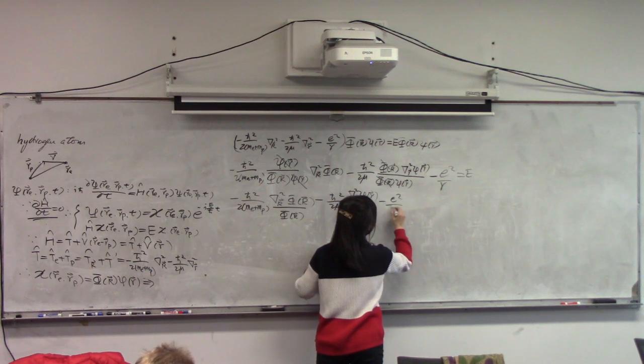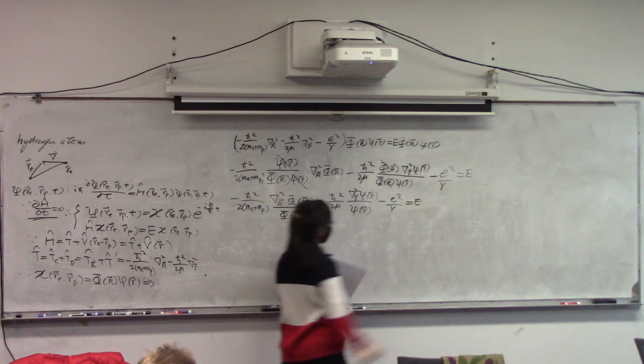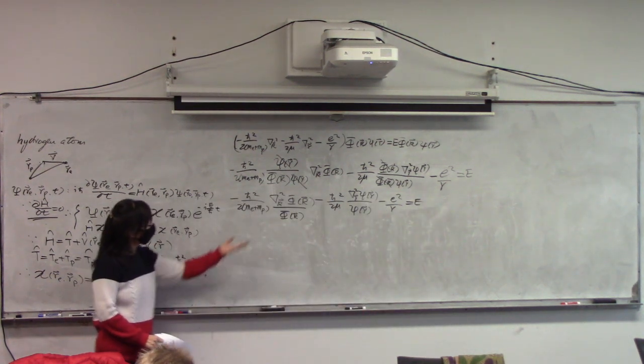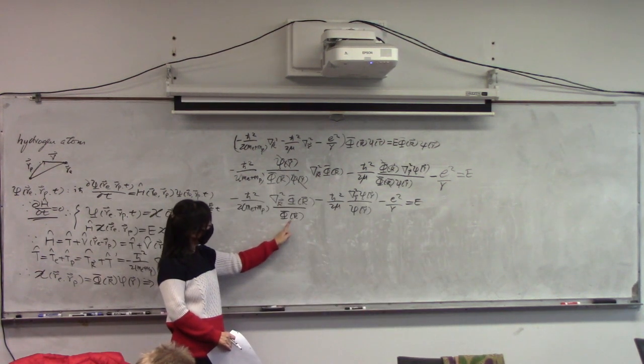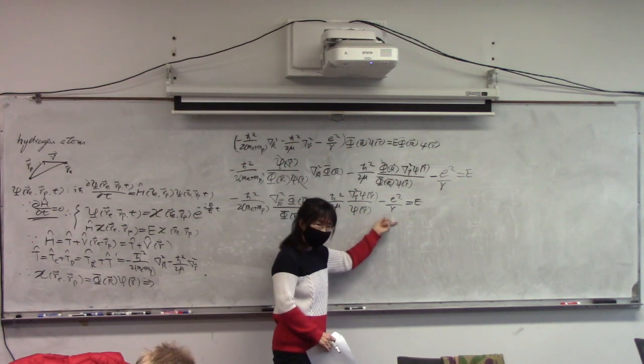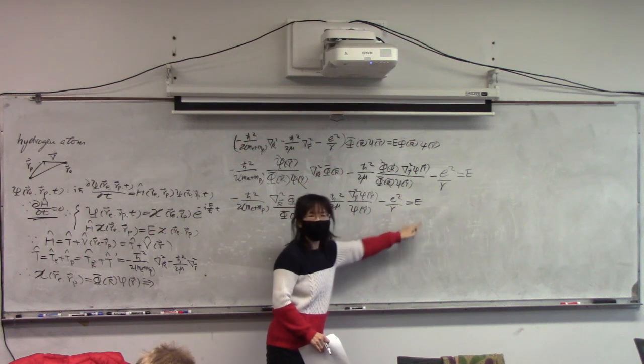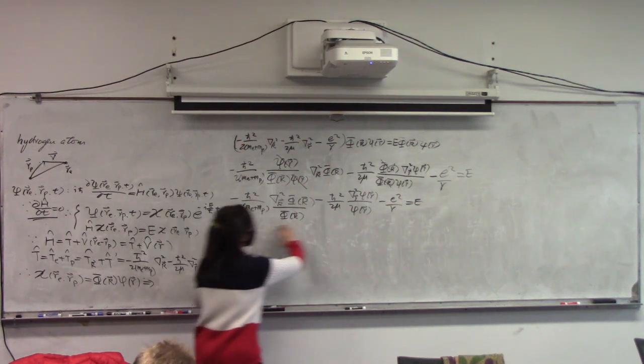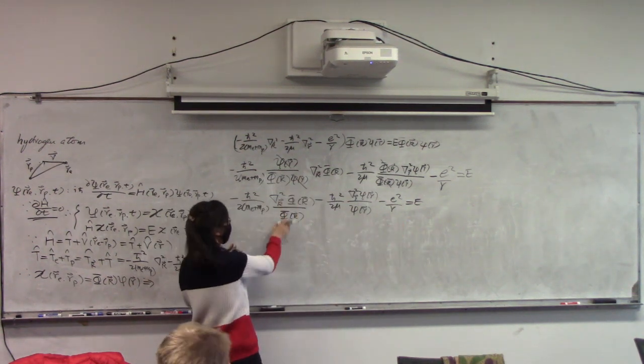Minus this term. Now we can see the first term is only a function of capital R. The second and third terms are functions of lowercase r. The right hand side is a constant. So if these are always equal, for any function, right?